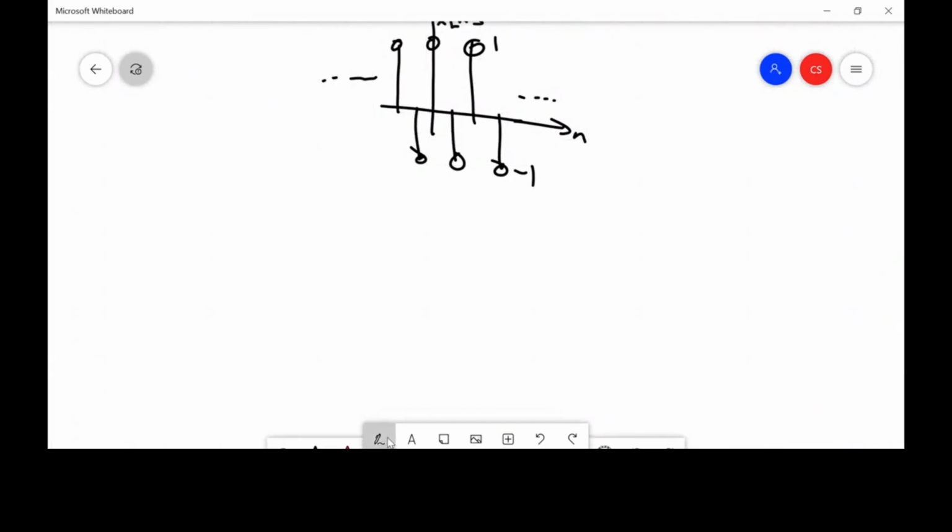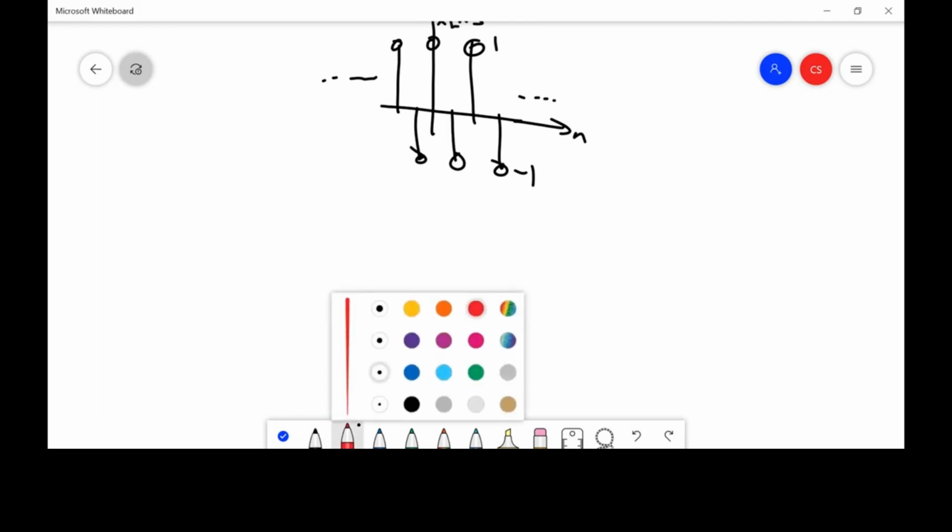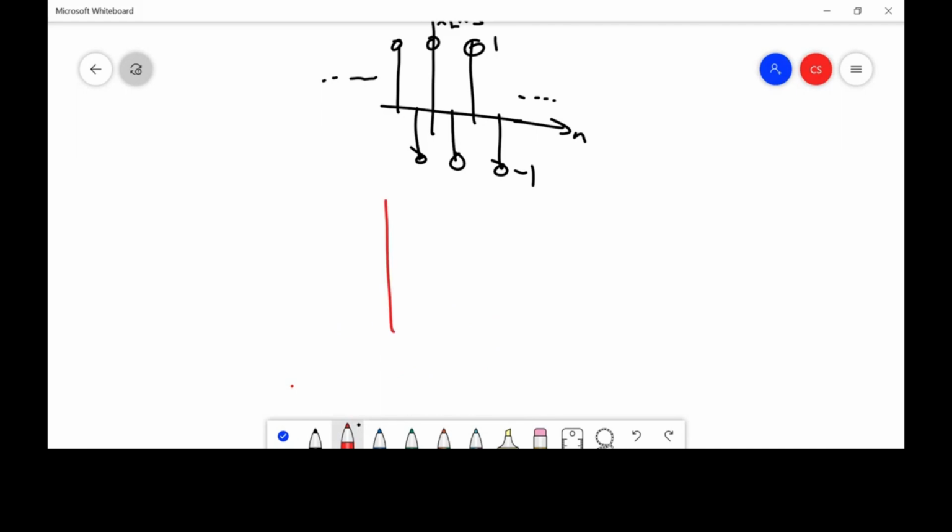So if you have an image, and again, I do 1D plots because they are easier to do.